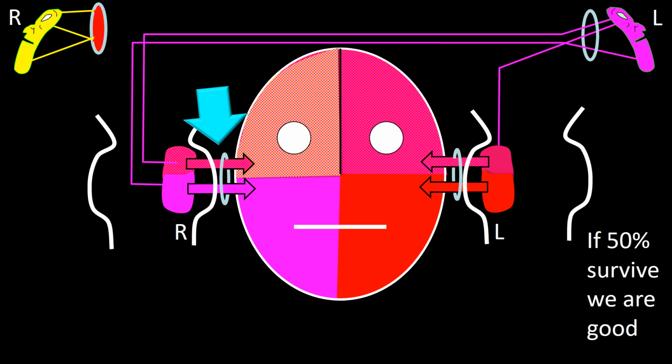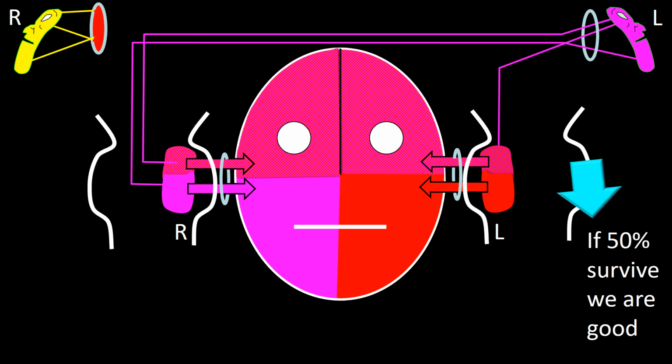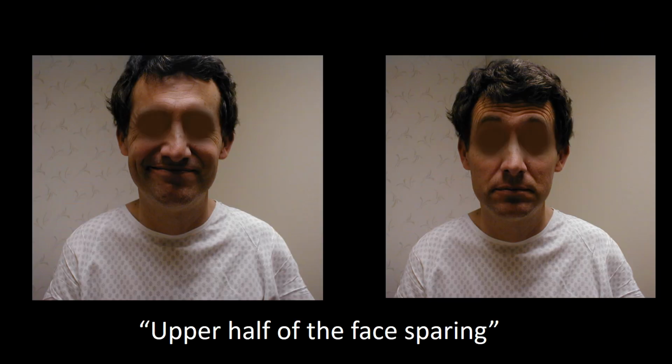This is followed by death of their axons and the innervation of the corresponding muscles. But again, since only 50% of the fibers or less are involved, no weakness will be detected. And since similar fiber involvement is present on both sides, no asymmetry will be noticed. Now we will go back to the photograph of the patient.